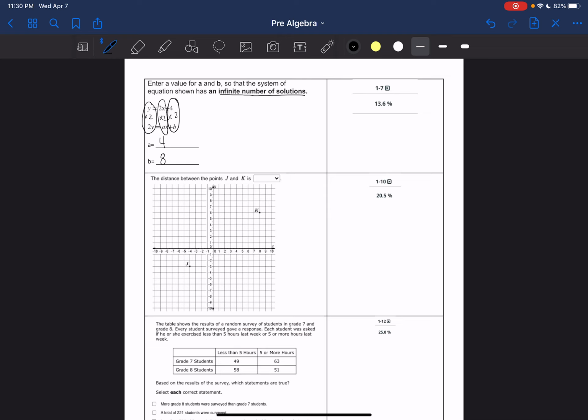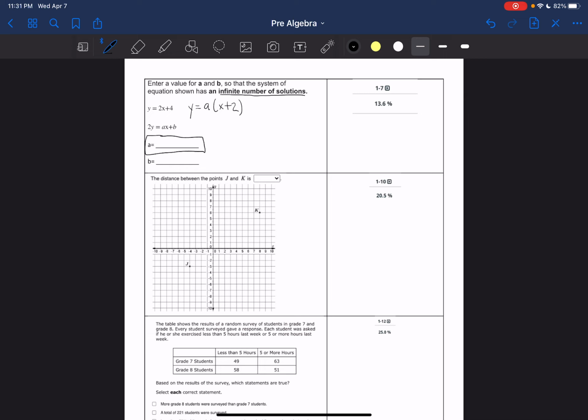Previously, when we've asked similar questions to create an equation that would have an infinite number of solutions, it's included the distributive property. So it may have looked something like this, where let's say you were given y equals 2x plus 4, and then you were given y equals, let's say, a times x plus 2, and it asks you to fill in what a should be.